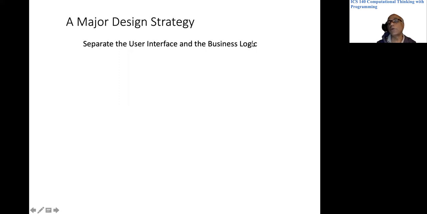There will be no user interaction at all in the business logic, and there will be no business logic put in the user interface. So they are completely separated. So the business logic is more cohesive. The user interface is going to be more cohesive. There will be some coupling between the two. The user interface is obviously dependent on the business logic that we cannot avoid.